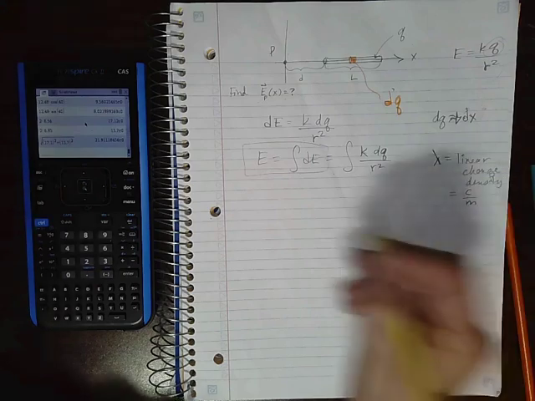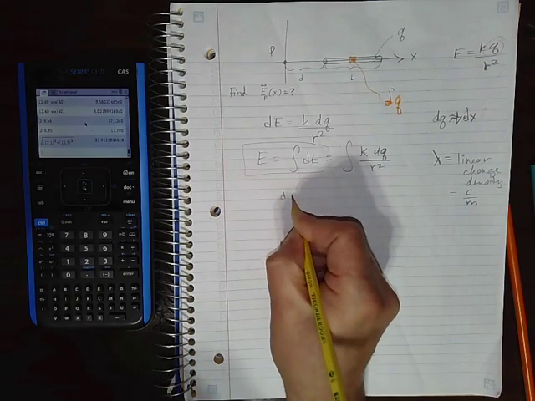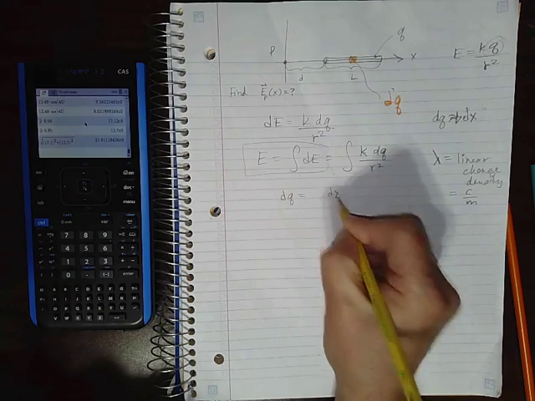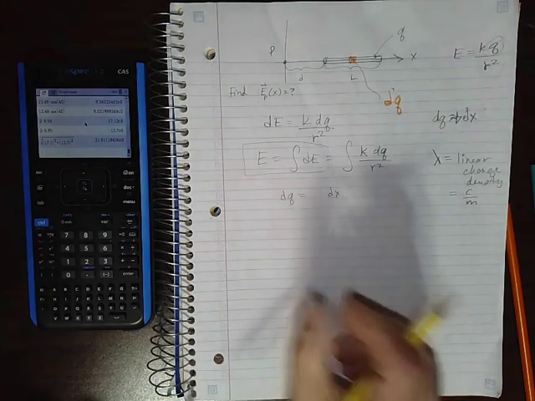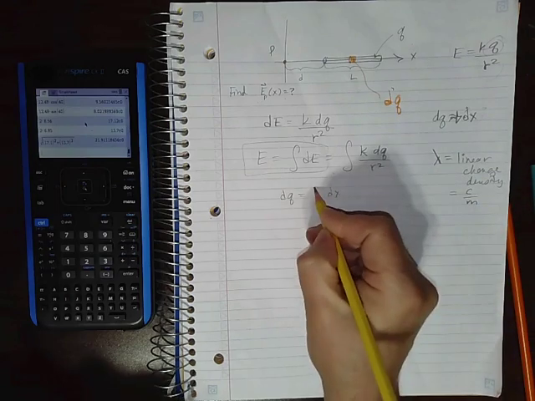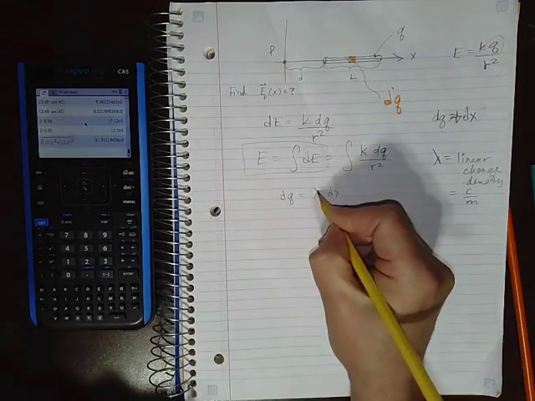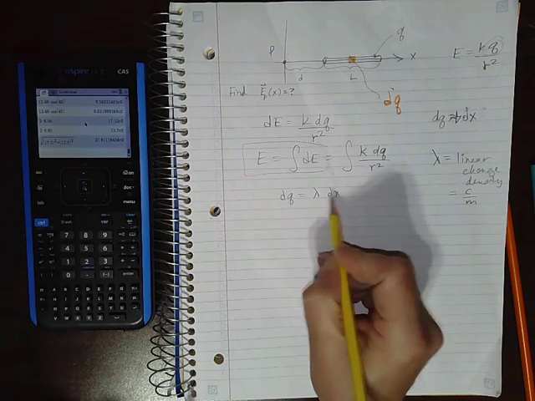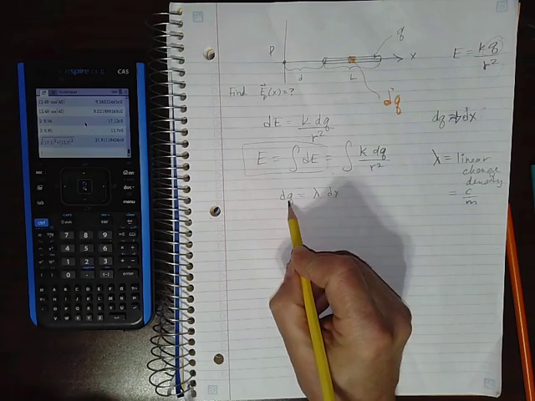So we're going to say that dq, how much charge we have in a length dx, so many pieces of a meter dx, is just going to be lambda dx. Charge density, coulombs per meter, times the meters, we get the coulombs, which is what q is.